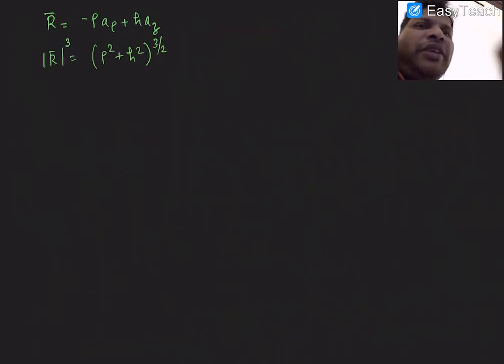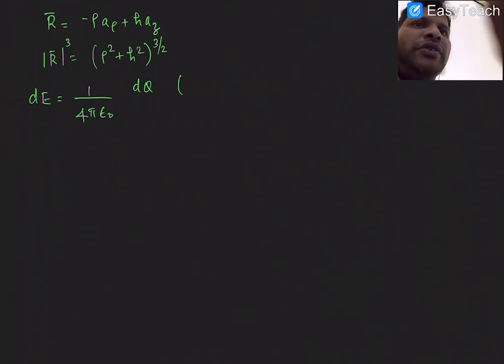Now I am going to write the equation for the electric field dE, which is equal to 1 by 4 pi epsilon 0, and the charge is dQ, then r bar by magnitude of r bar, the whole cube.